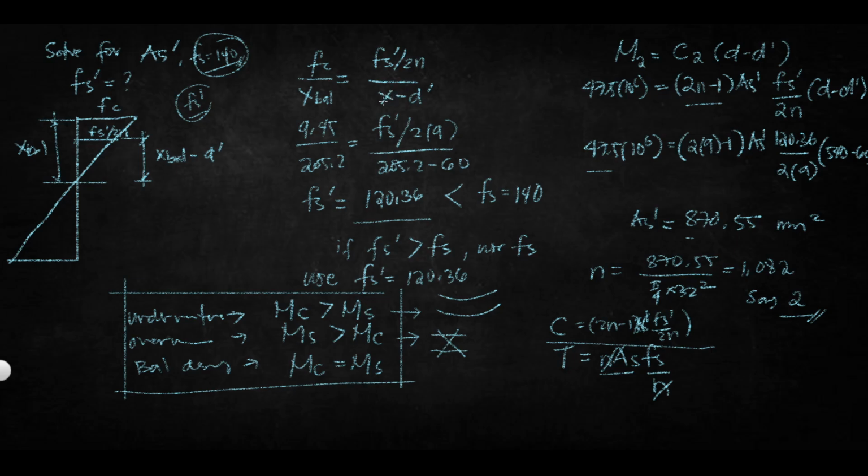So, by substituting the values, so we'll have 9.45 as your allowable sa concrete, no? 9.45 all over 205.2 is equal to Fs prime all over 2n all over 205.2 minus 60.